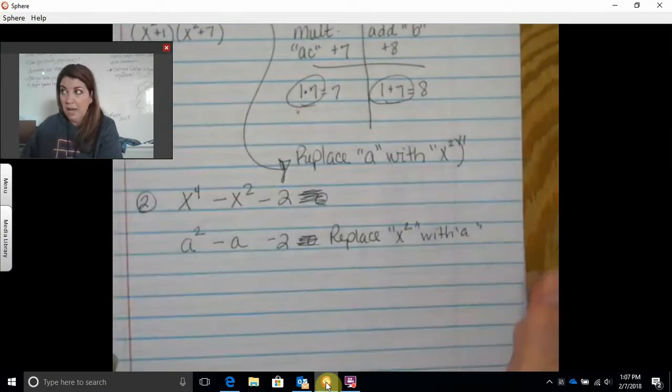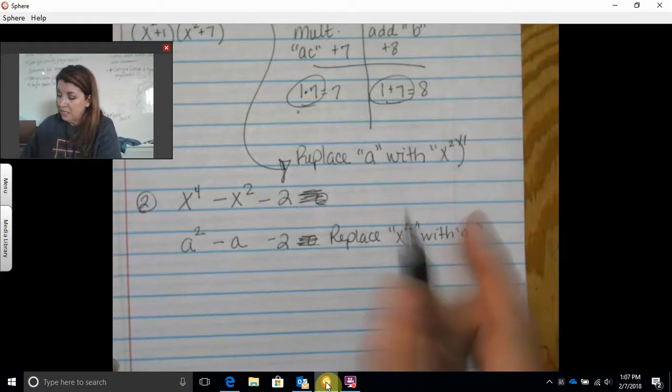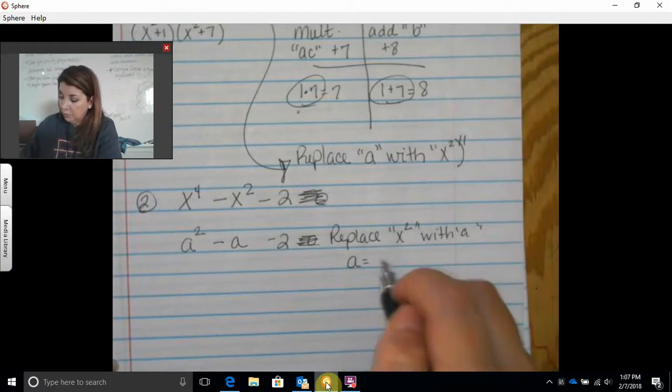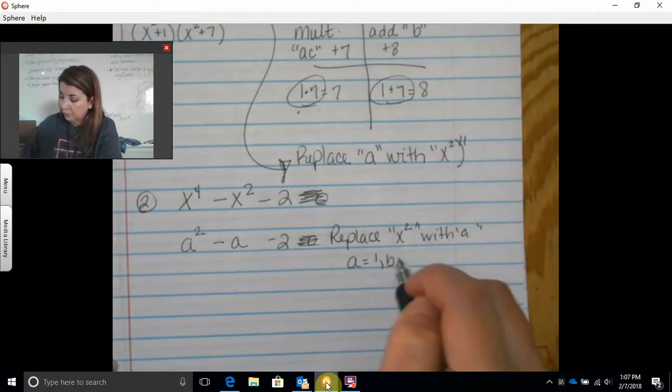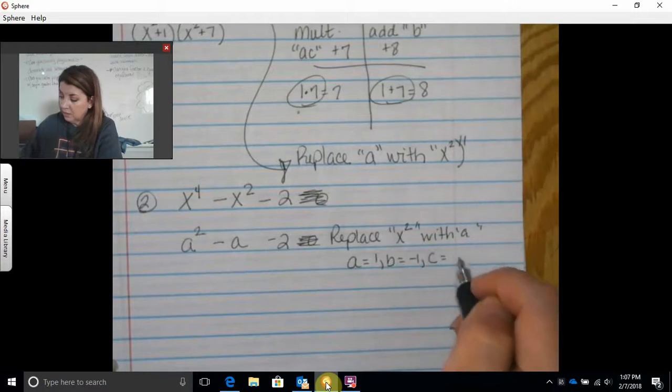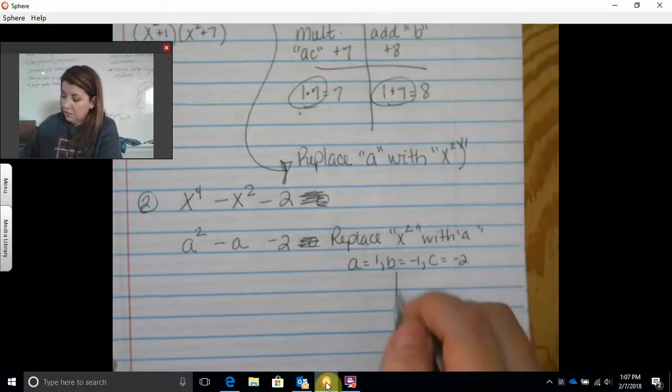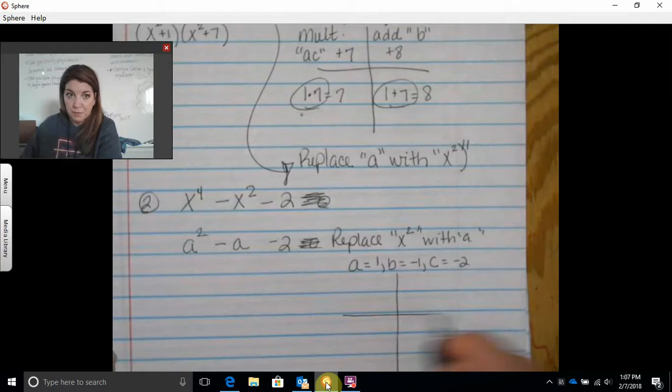So now I have a quadratic. Factoring quadratics, I use the T-chart and divide and slide, right? So I have to define A, B, and C. What is A? 1. What is B? -1. What is C? -2. Make your little T-chart short and stout.